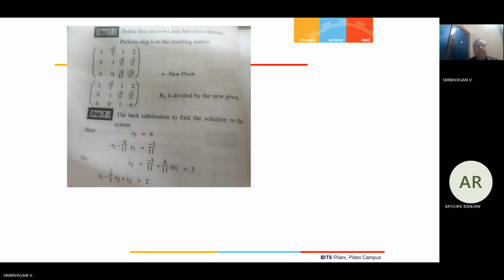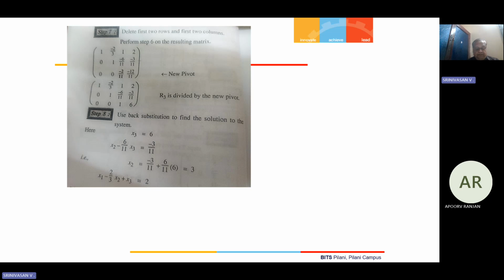You have 1 there. Minus 6 by 11, if you take the absolute value, it is bigger. So here again, by R3, you are interchanging now, isn't it? Because this is bigger.